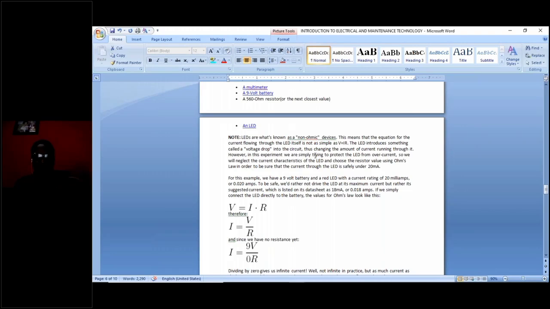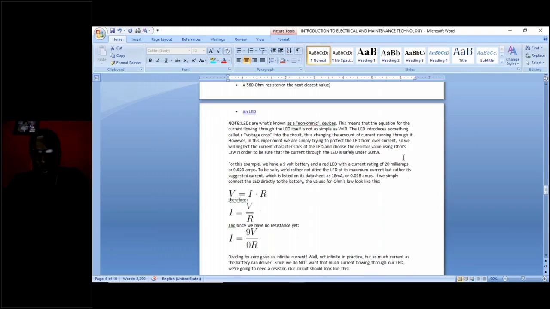However, in this experiment, you are simply trying to protect the LED from overcurrent and from being destroyed, not to determine the exact amount of current flowing. So we will neglect the current characteristics of the LED and choose the resistor value using Ohm's law in order to be sure that the current through the LED is safe, under 20 milliamps.